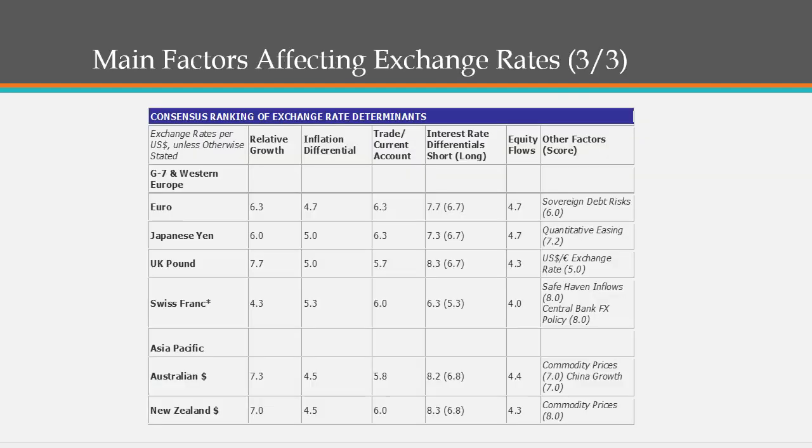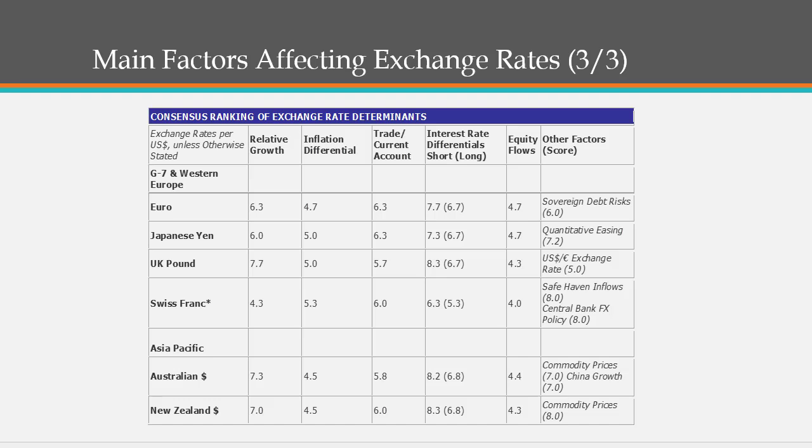The reason we do this is because not all factors affect the currencies equally. And here I list the main factors that are affecting exchange rates. For example, if you are looking at the euro, the most important factor, these are on a scale from 1 to 10, when it comes to the importance and the strength of the importance.